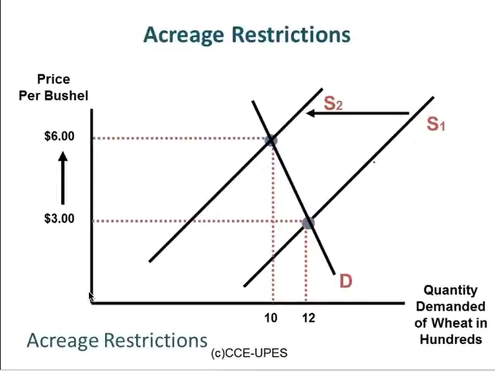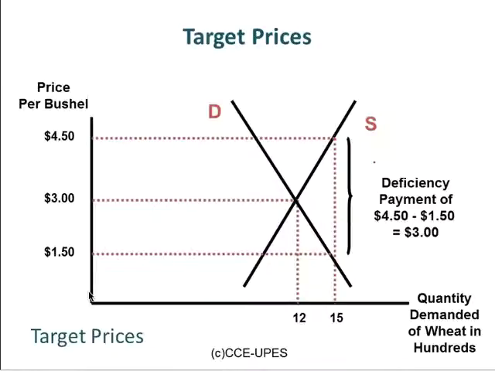The acreage restriction will have the effect of reducing the supply. We want that the demand and supply for basic necessities like food, etc., should match with each other.